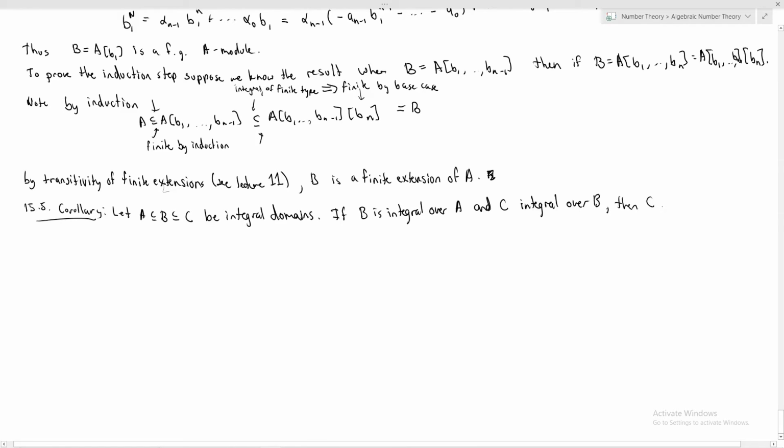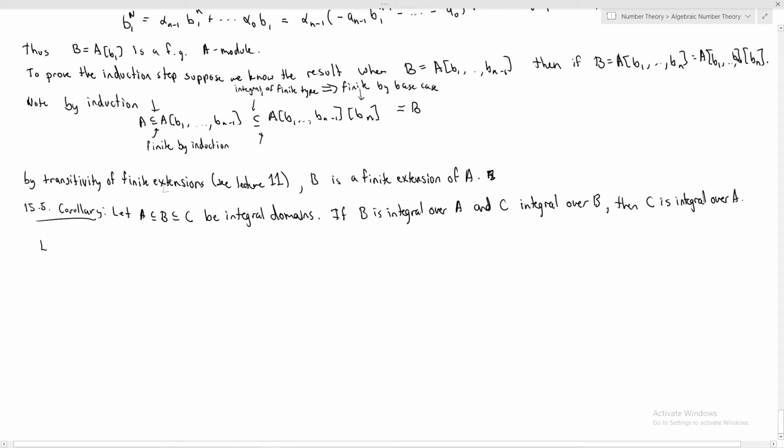Then C is integral over A. So the idea here is that A contained in B may not be a finite extension, but if I fix a B, then A adjoin B will be a finite extension of A, and then I can use some of the stuff from above.